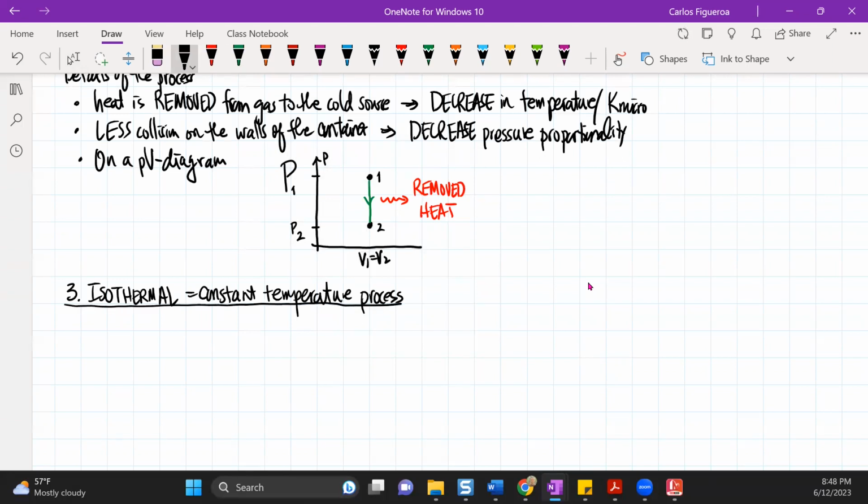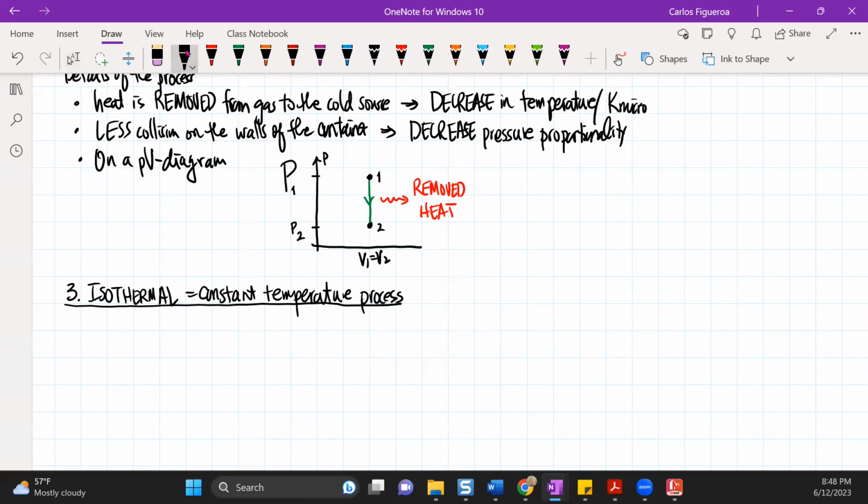Now, an isothermal is very, very similar to an isobaric process. Of course, the parameters are different, but this process has to work essentially on the knife's edge to keep a balance of decrease and increase in microkinetic energies.